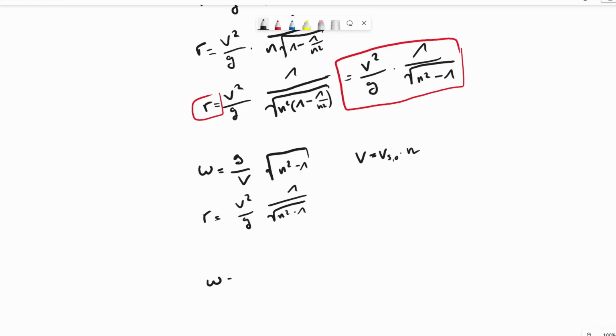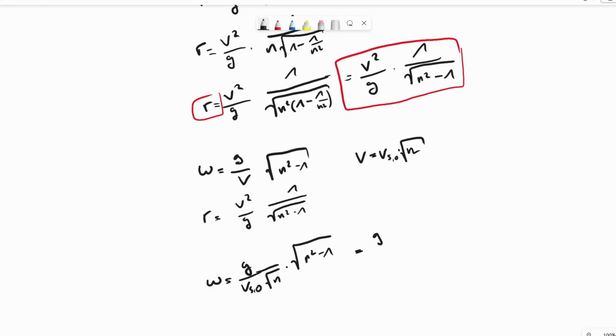So we plug this in for both. So this is g over v s0 times square root of n times square root of n squared minus 1. Let's simplify this real quick.